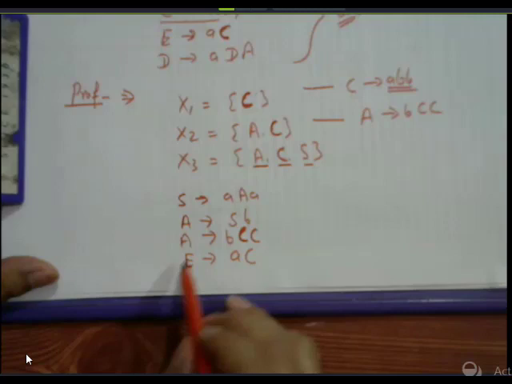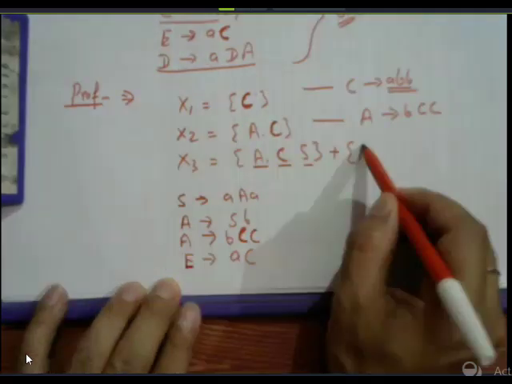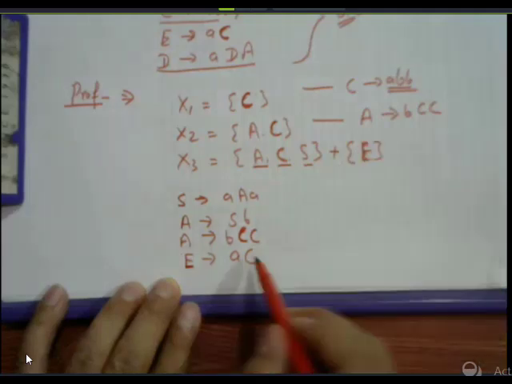D cannot terminate, and C can terminate, E can terminate. Then we can add E here, plus one additional symbol E, because E can produce C, because A and C are already on the right hand side of the grammar.